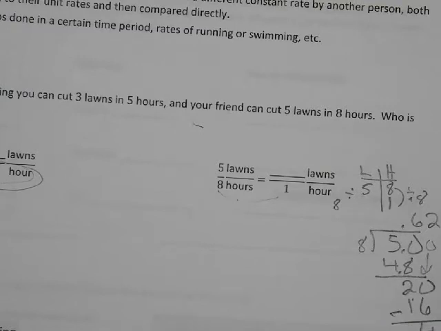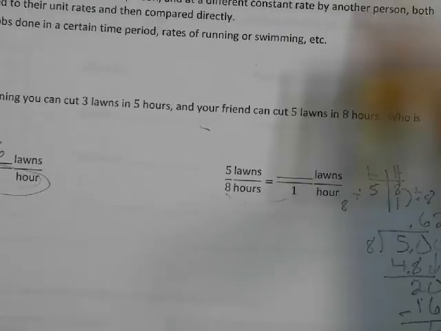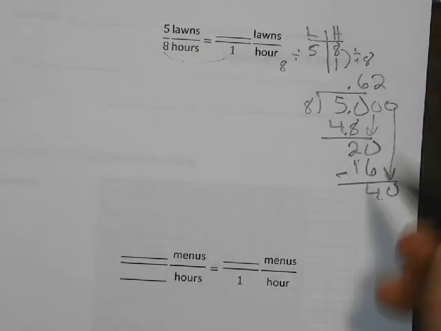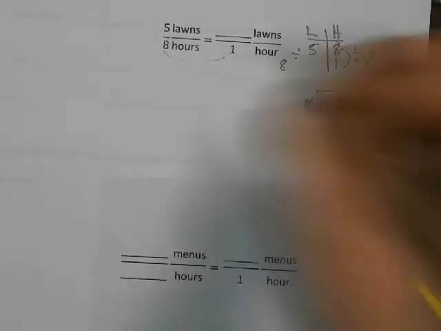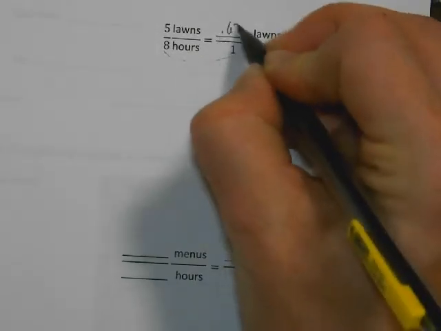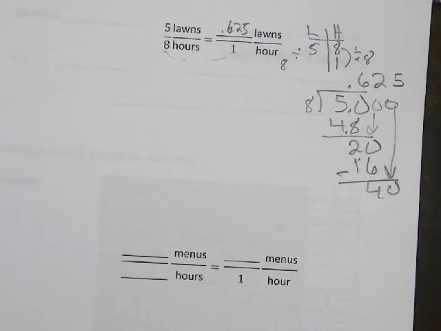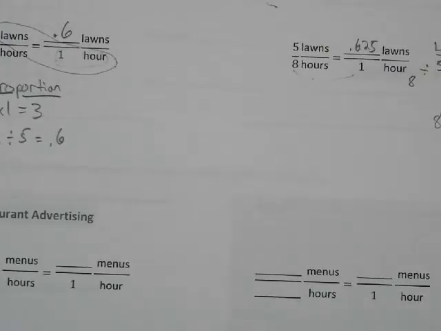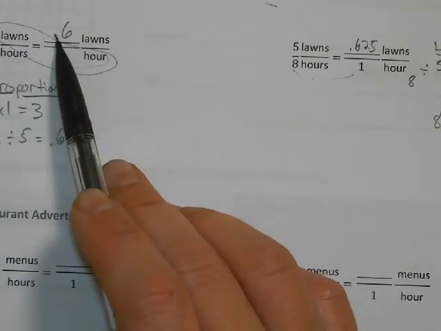We get a 4. Bring down another 0. That's a 40. 40 divided by 8 is 5, which means we get 625 thousandths lawns.